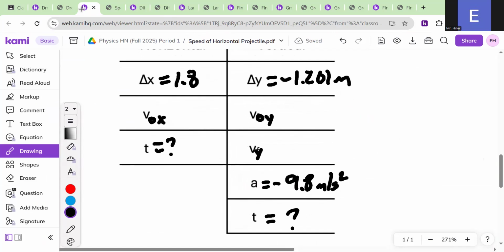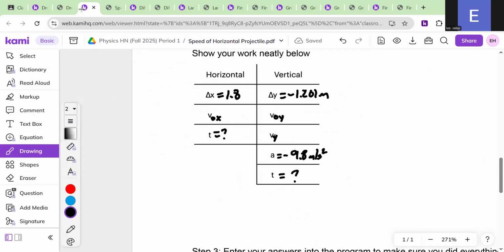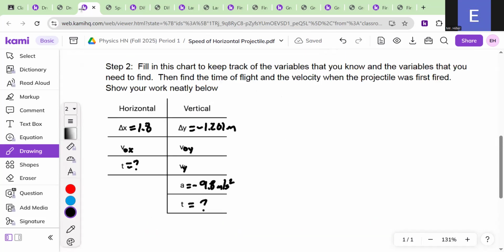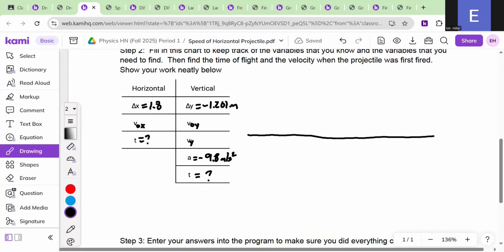Let's do the same thing we did last time. To find the time, I'm going to break this into two parts. I'm going to use displacement as a function of time. So delta y equals v naught y t plus 1/2 a t squared. Remember, v naught y was 0.